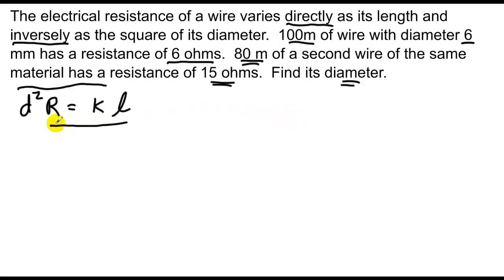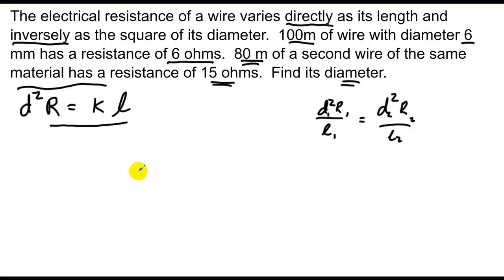So again, I would set this up in a proportional fashion. I would say d squared r over L, which is equal to K, and that's my case 1, is equal to d squared r over L in case 2.